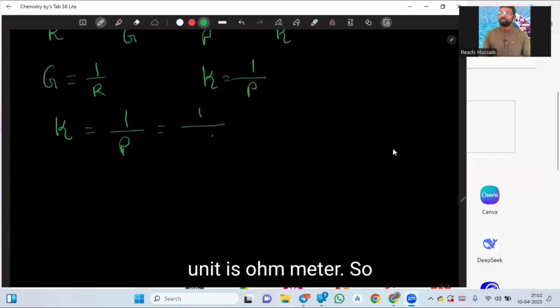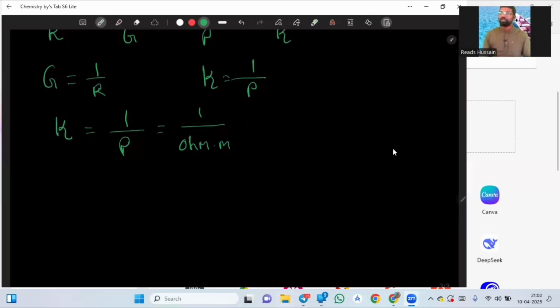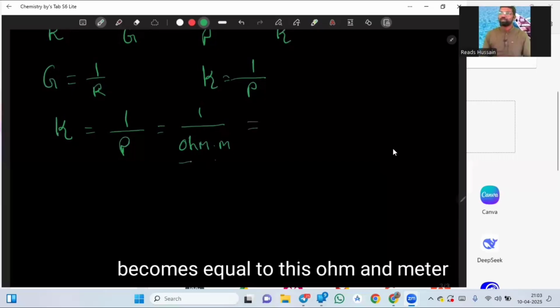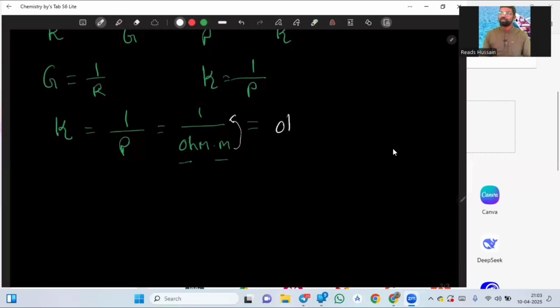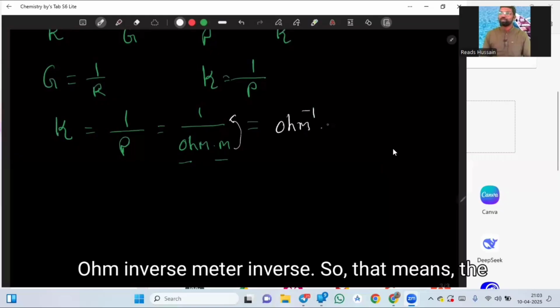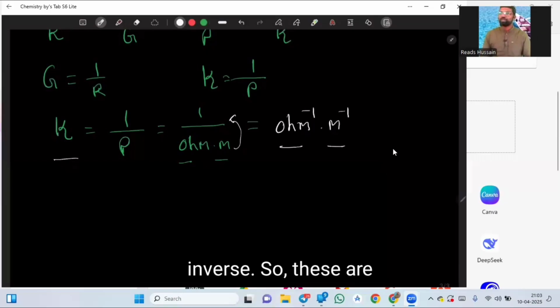Resistivity unit is ohm meter. If you take it to the numerator, it becomes ohm inverse, meter inverse. So the unit for conductivity is ohm inverse, meter inverse.